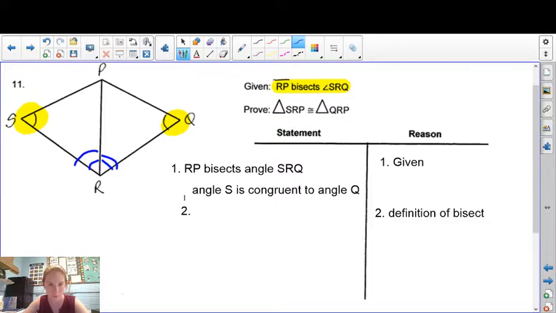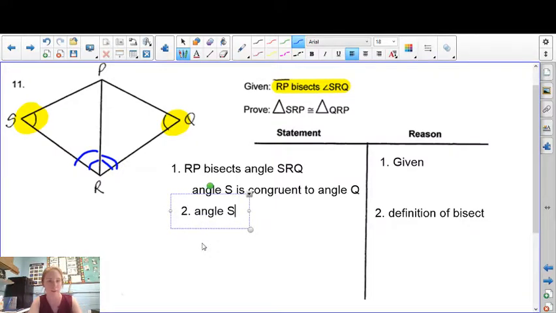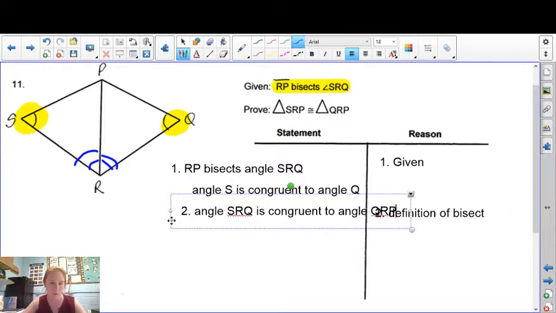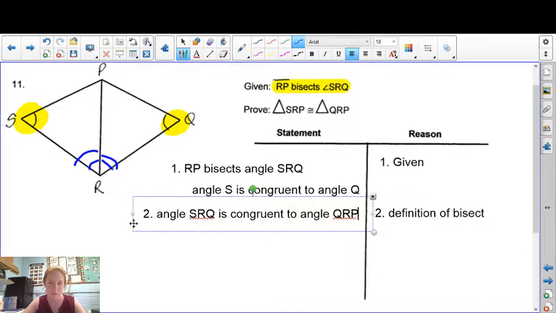So what is that going to look like when I type it? Angle SRP on the left is congruent to angle, well, I went from the already marked angle to the new one. So already marked as Q, to the new one is R, to the end is P. And I'm like, in the middle of that.